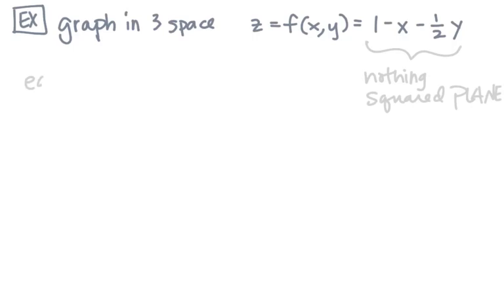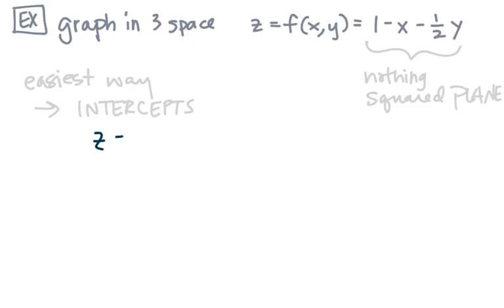And the easiest way to graph a plane is going to be to use those intercepts. So in order to find the intercepts, I'm going to let y and z equal 0, x and z equal 0, and x and y equal 0.